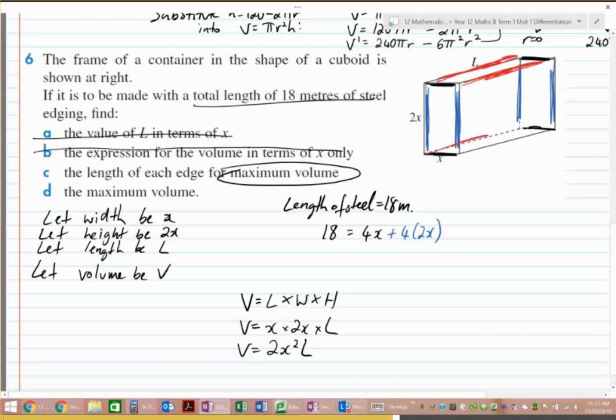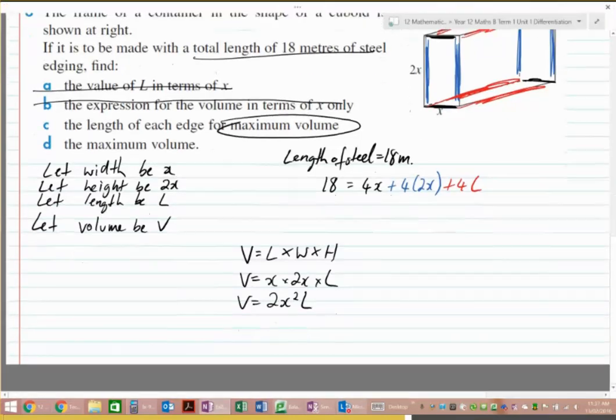I've got 1, 2, 3, 4 of these. So plus 4 lots of L. I've got this relationship now between x and L. I'm going to rearrange this to get L by itself. I'll do some expansion first. 4x plus 8x plus 4L.